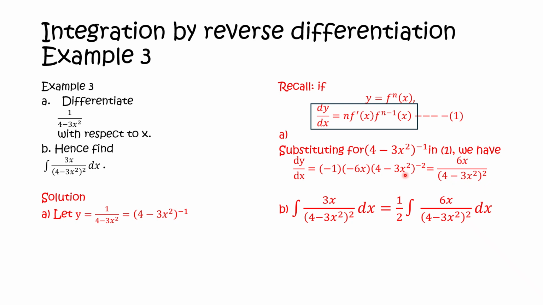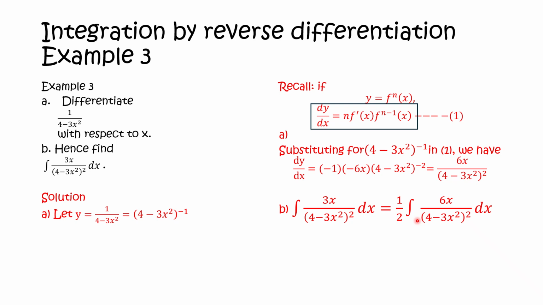Now, moving on to part B. With what we are given here, we have a 3x instead of a 6x. So the whole point is to make that 3x be a 6x, but without changing the question altogether. We can do so by multiplying the 3x by a 2, at the same time dividing by a 2, because that is simple manipulation.